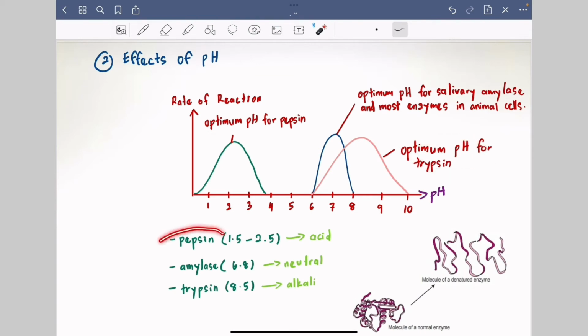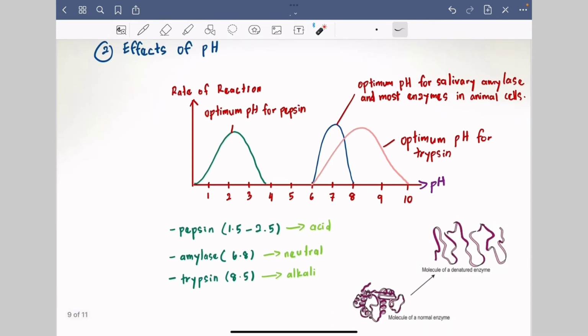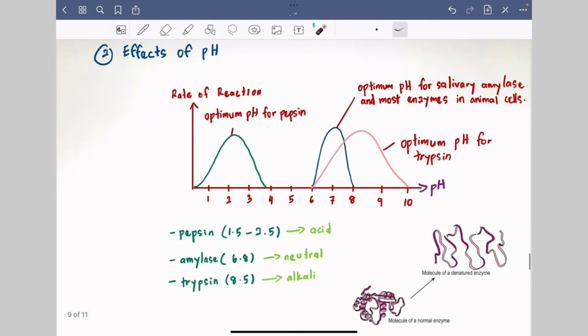Let me explain first about pepsin. Pepsin is very acidic, and it works in the range of pH 1.5 to 2.5. This pH makes sure the pepsin can function effectively and optimally. And then amylase is inside our mouth, and our mouth is basically neutral, at about pH 7, and amylase works at a pH of 6.8.